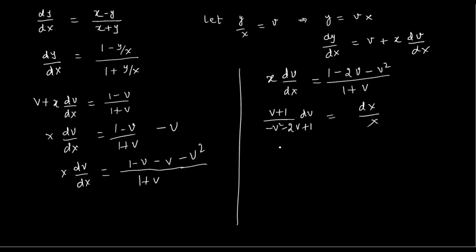We can rewrite this as v plus 1 over v square plus 2v minus 1 times dv equal to minus dx over x.